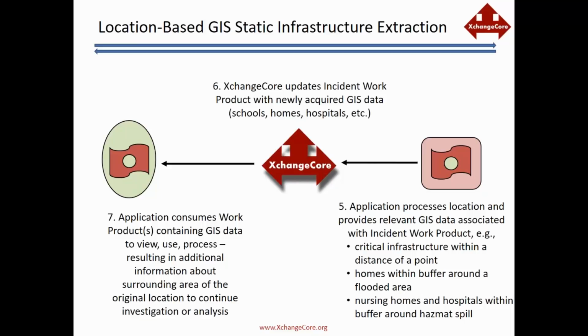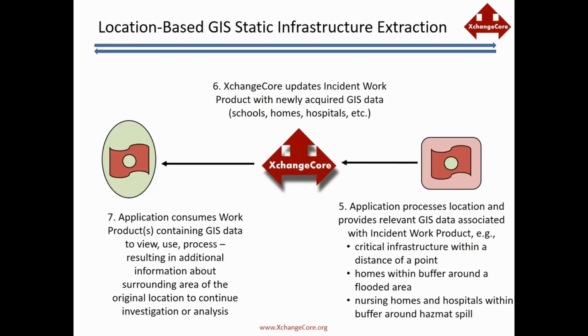I'm talking about GIS data right now because that's our example with the suspicious activity report. They're going to be able to view and use and process the fact that there is a chemical plant near the suspicious activity report, and there's a nursing home near it, and there's something else, some of which are relevant, some of which aren't. But the analyst sitting in front of that left-hand application is very quickly able to say, I have this person who's doing something odd here that was reported.